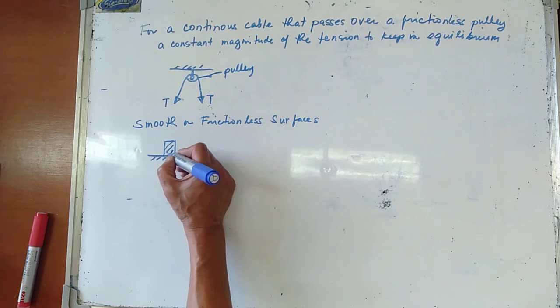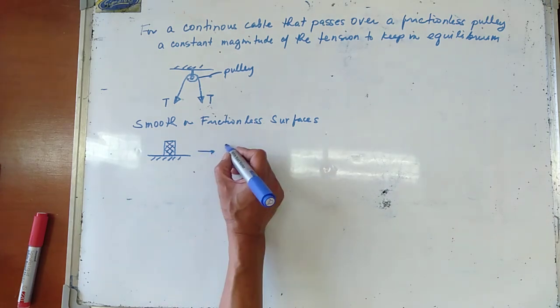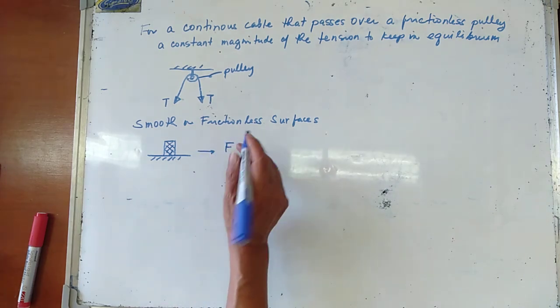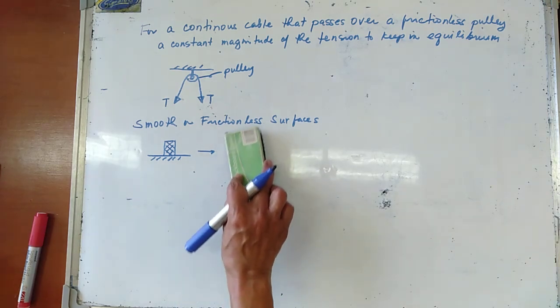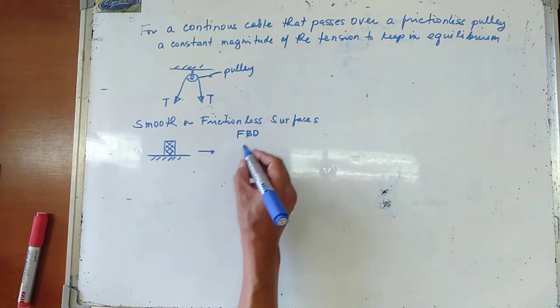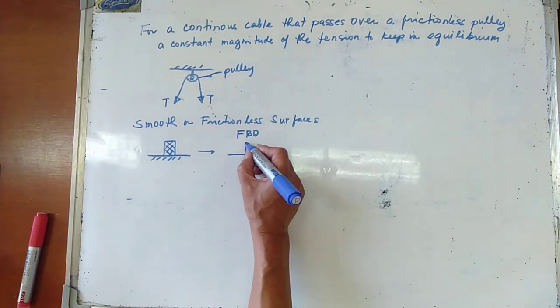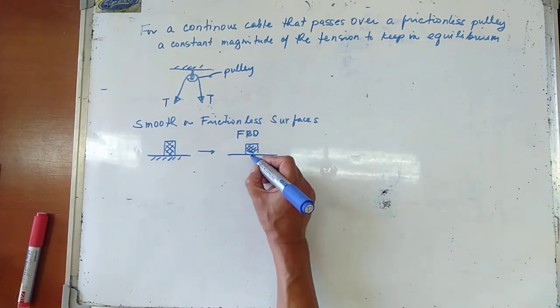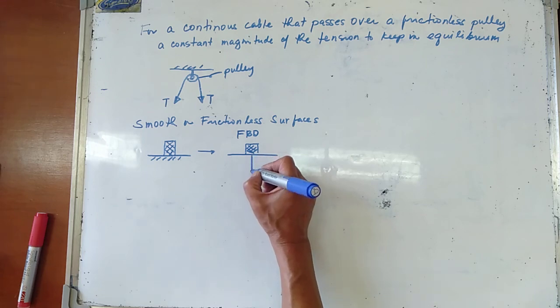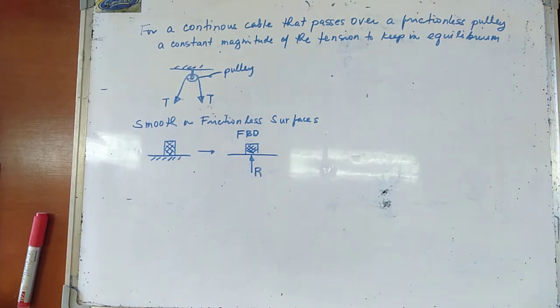The equivalent free body diagram, this is now your FBD, shows the body resting on a smooth surface. So that is normal, or I'm just going to call that one in there as R.